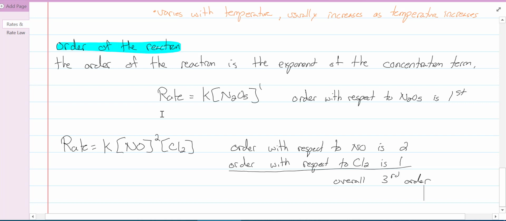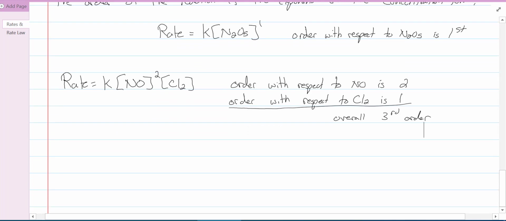All right. So then, how do we determine these orders? Is it just the coefficients? The answer is no. It's not the coefficients of the reaction. Now, it could be by coincidence. So here's the thing: the reaction order is determined by experiment.